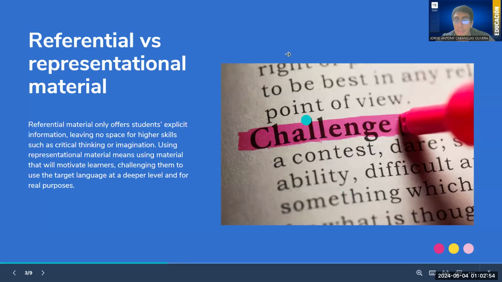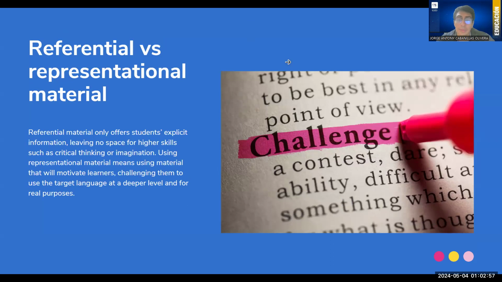Okay, and in the next part, they make the comparison between referential and representational material. Referential material is what I said before in the introduction, the language that is presented in textbooks, where there is only explicit information and students do not need to use higher thinking skills to understand the text, such as critical thinking or imagination.